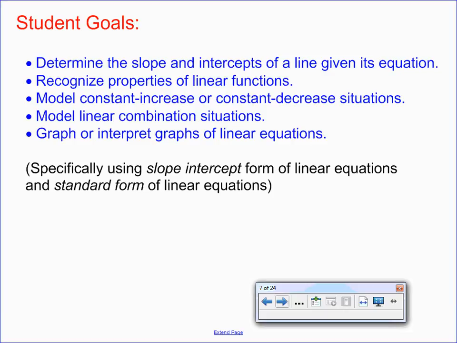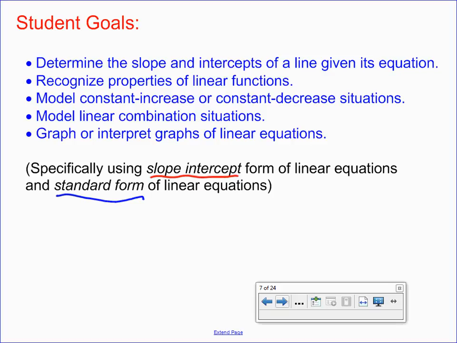Specifically, today is all about using our slope-intercept form and our standard form of linear equations. And each of these has its utility. And so you might be thinking, why do we have more than one form for a linear equation? Is it just to make math more confusing? Is it just to make me not like math? No, on both accounts. We have multiple forms of linear equations because each one has their utility.